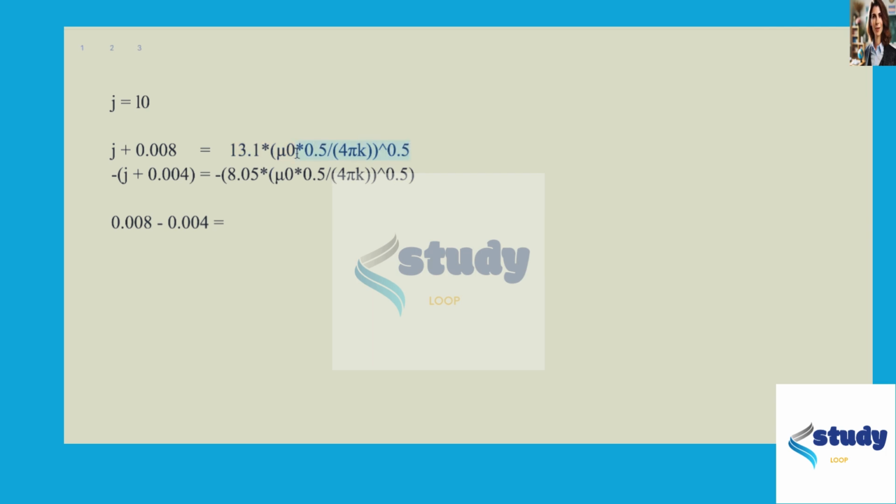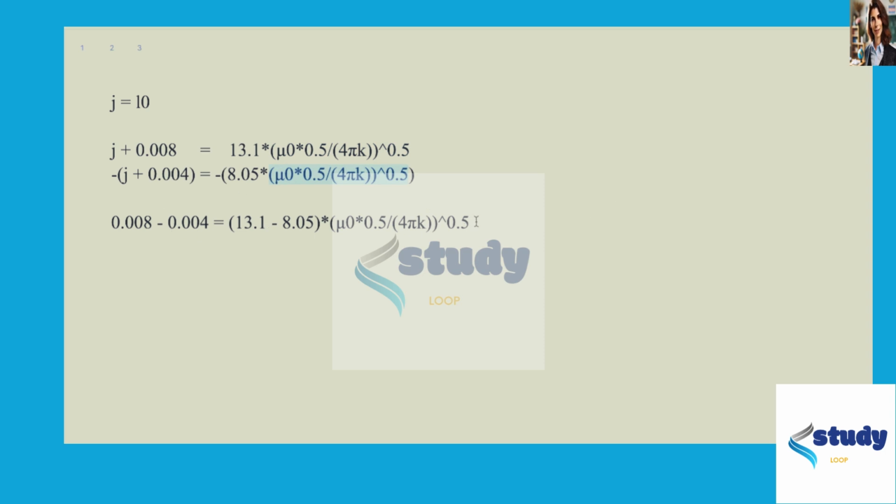And notice that our factors here, this is the same in both. So what we're going to have out here is 13.1 minus 8.05. So hopefully this makes sense. We're just subtracting this from this, and this is all a constant in both of these two cases.